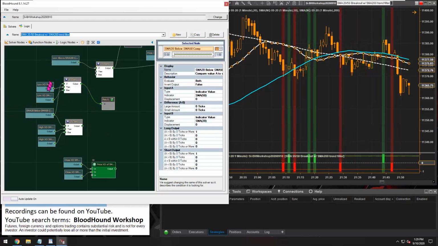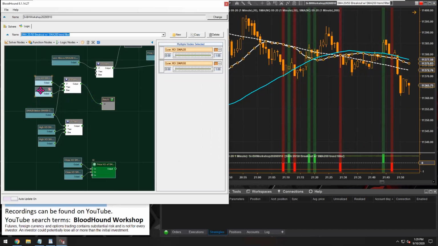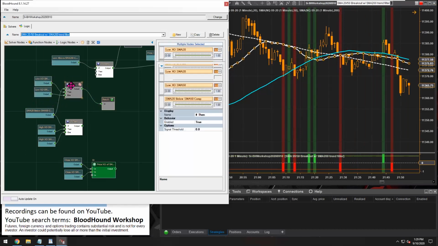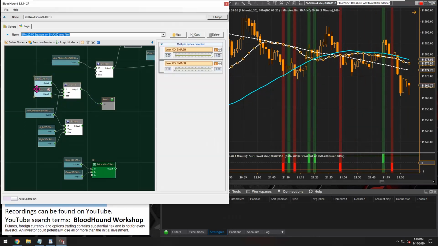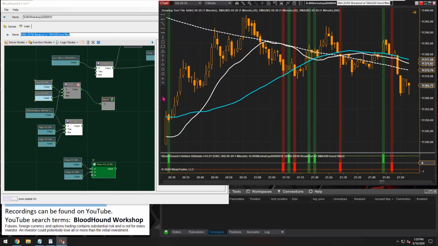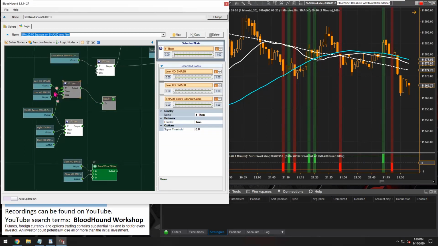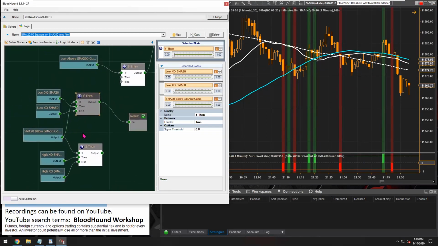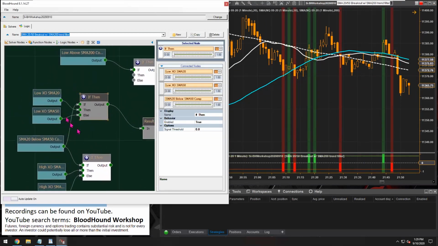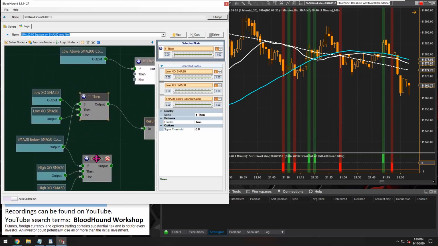So I just need to check the other if-then node. All right, let me see here. So for this other if-then node, remember this if-then node is looking at the low price. So let's see here.